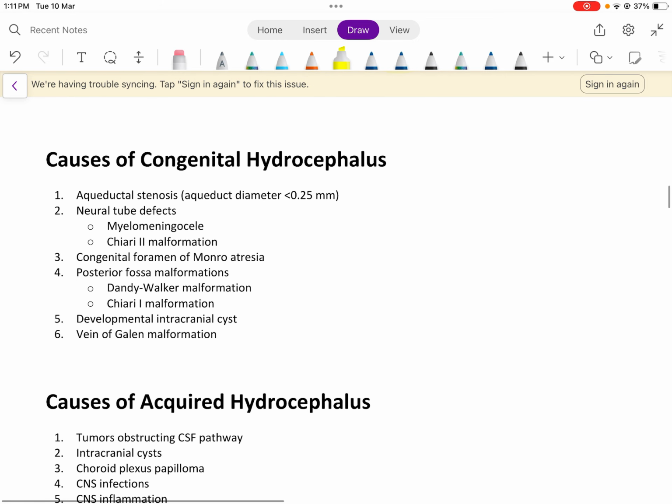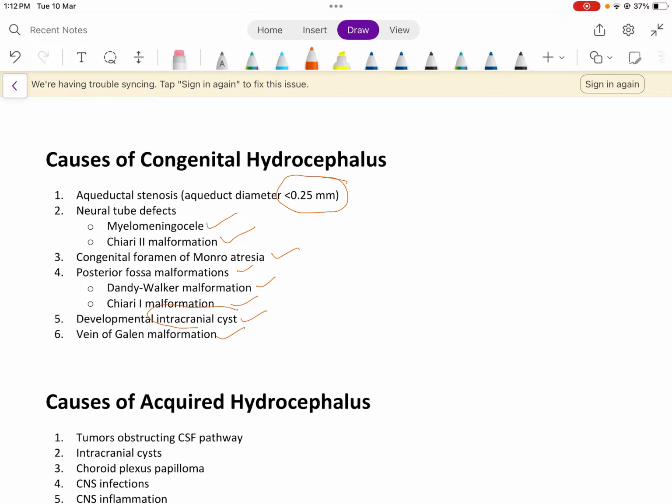Now, what are the causes of congenital hydrocephalus? Remember these causes: aqueductal stenosis, that is aqueductal diameter of less than 0.25; neural tube defects like myelomeningocele and Chiari-2 malformation; congenital foramen of Monro atresia; posterior fossa malformations like Dandy-Walker and Chiari-1; then an intracranial cyst and vein of Galen malformation.